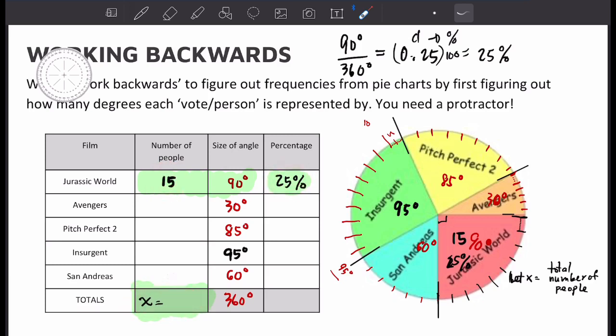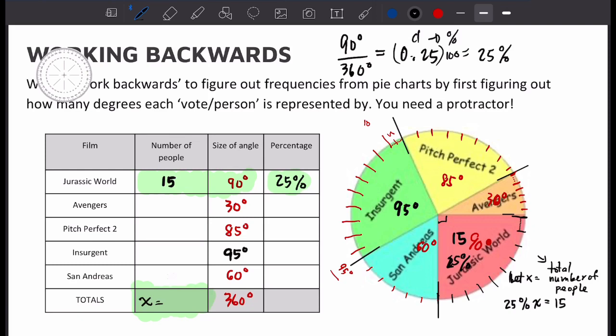So let's write an equation. 25% of the total number of people gives you 15. This is from your worksheet, percentage of a quantity.